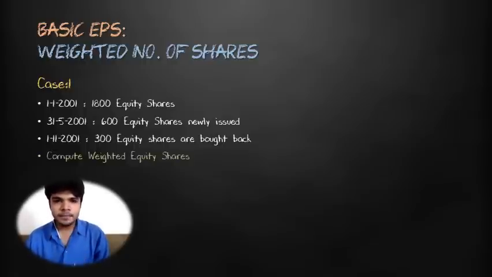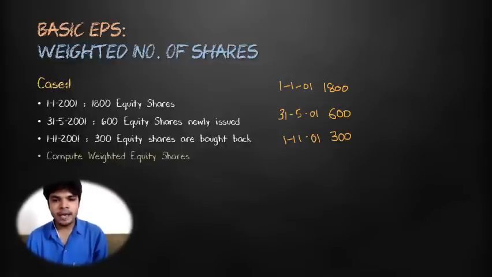So here in this case, if we make a table, then on 1/1/2011, total number of shares outstanding were 1,800. On 31/5/2011, 600 equity shares have been newly issued, and on 1/11/2011, 300 equity shares have been bought back. So what we can say effectively here is 1,800 shares were outstanding for 5 months, that is from January to May.